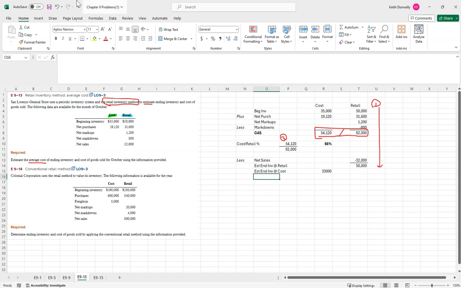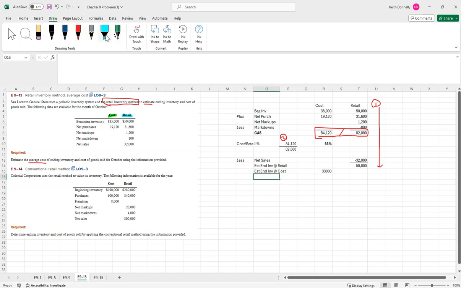Accordingly, that's step 3, where we use the 50 in the percentage. We're kind of combining step 1 and step 2. Then we can do step 4: if we know our goods available for sale at cost and our ending inventory at cost, then we can figure out our estimated cost of goods sold at cost.